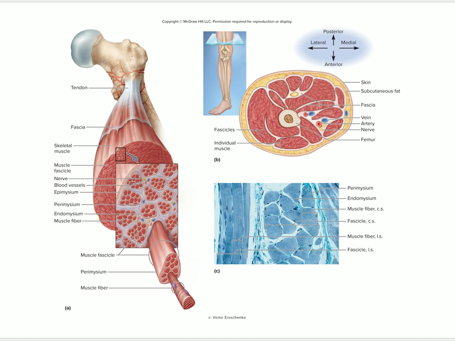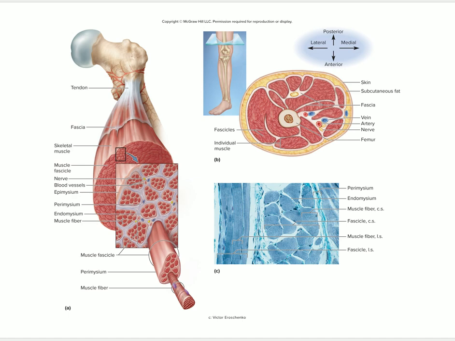And then we have right here, you see perimysium, endomysium, and epimysium. These are just layers. Endomysium is the innermost layer. It directly surrounds individual muscle fibers. Perimysium is a thicker layer that surrounds groups of muscle fibers called the fascicles that we just said the definition of.